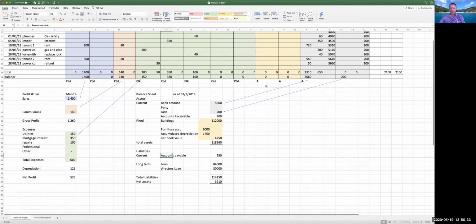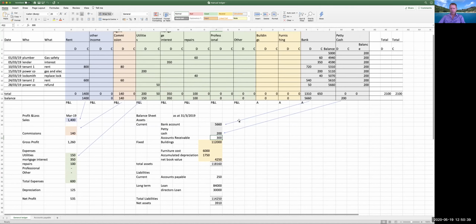So we've got accounts receivable, which is sales that you're yet to see in your bank account. This might be a tenant that's late with his rent.